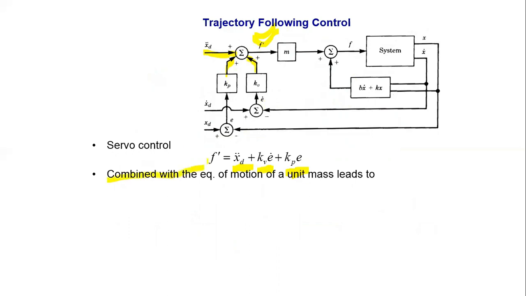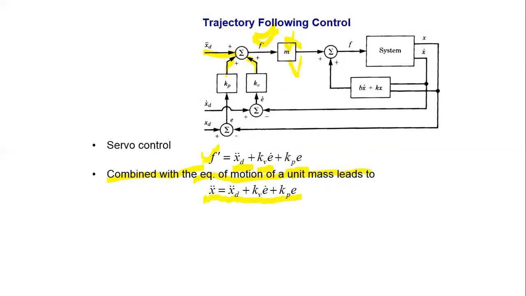Now combine this applied force with the equation of motion of a unit mass, and you will get that x double dot is equal to xd double dot plus kv e dot plus kp e. Here, initially it was alpha. So in trajectory following control, or in model based partitioned control, we put alpha equal to the mass of the system. If you consider it a unity mass, then x double dot is equal to xd double dot plus kv e dot plus kp e.